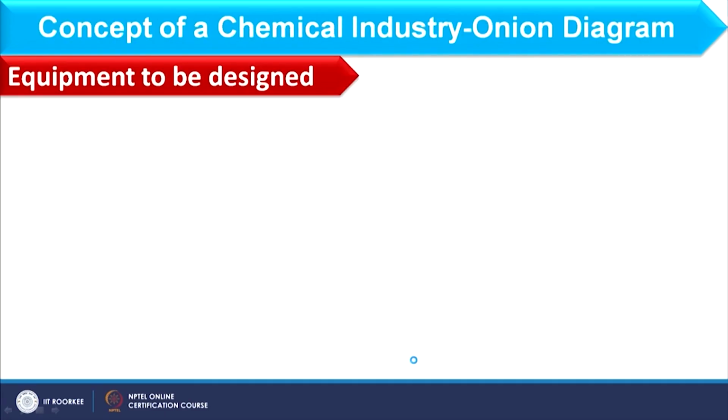Now, we need to discuss what equipment we are going to design. Till now you have the idea that we are going to design the pressure vessel, and that pressure vessel should be related to chemical process. So, what equipment do we need to further design, and what would be the use of that equipment in the chemical industry? Again I am using the onion diagram.